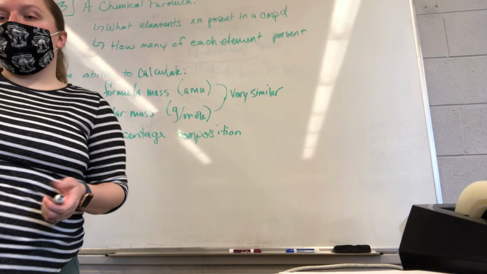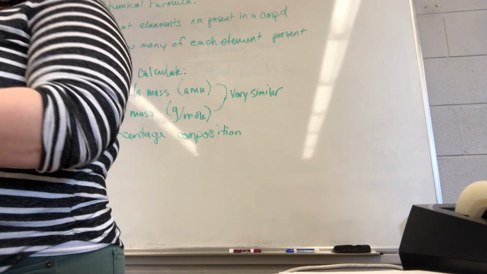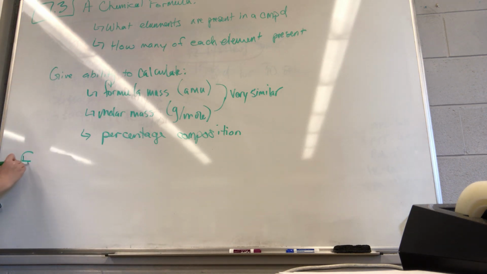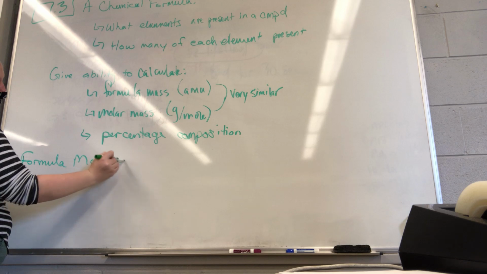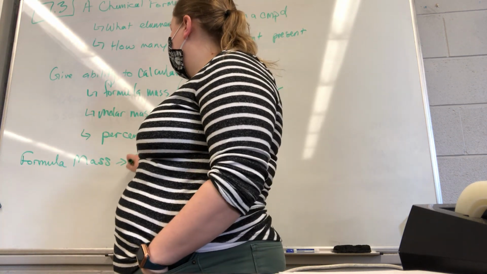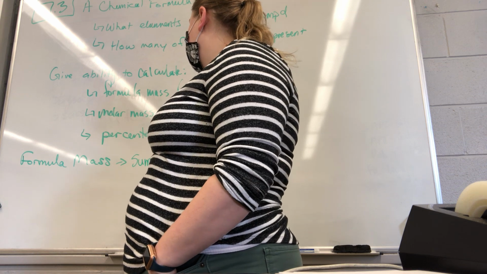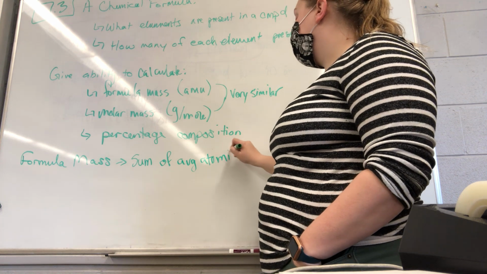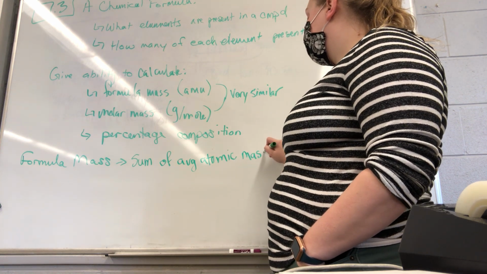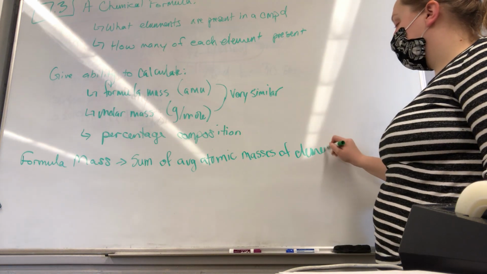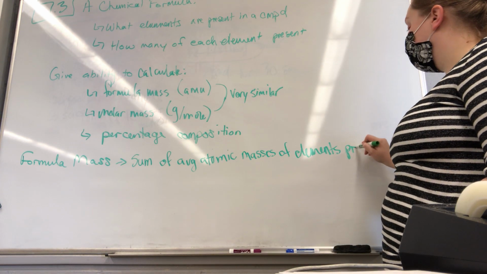Okay? All right. Let's talk formula mass. So formula mass is going to be the sum of the average atomic masses of the elements present by number.